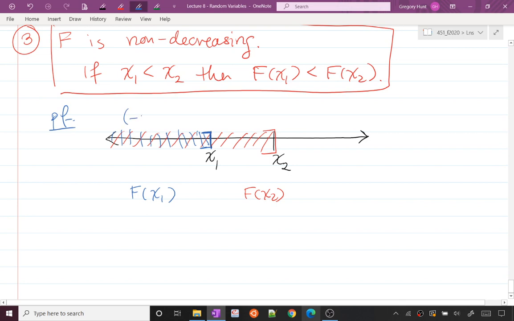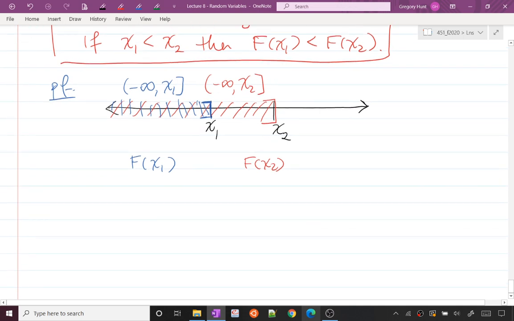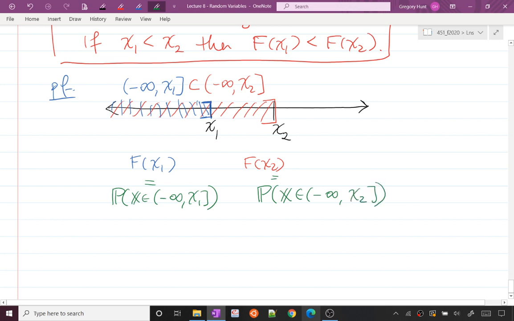So you can look at the set negative infinity to x1 and the bigger set negative infinity to x2. Notice that negative infinity to x1 is a subset of negative infinity to x2. And so F of x1 is the probability that X is in negative infinity to x1. F of x2 is equal to the probability that X is in negative infinity to x2.